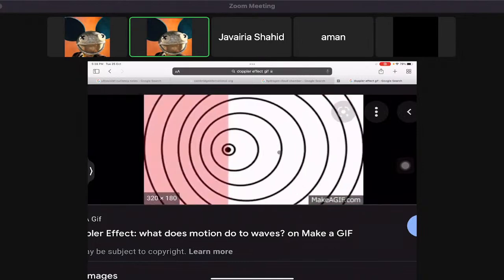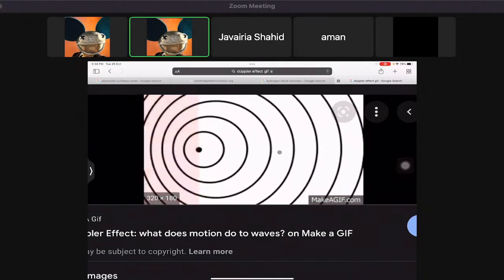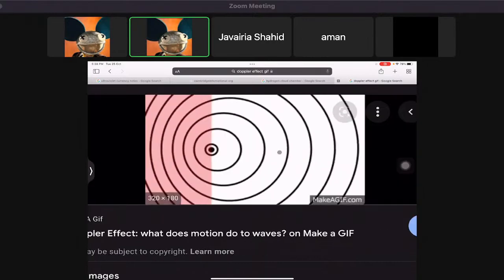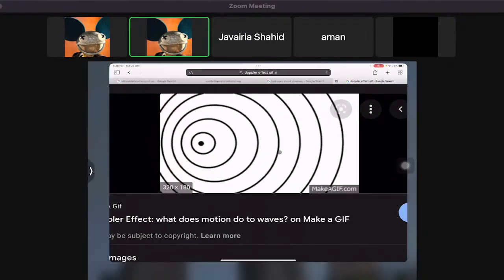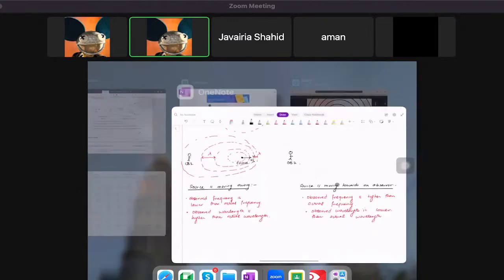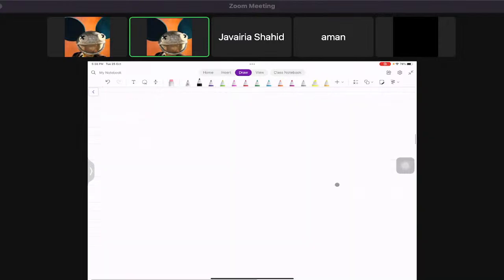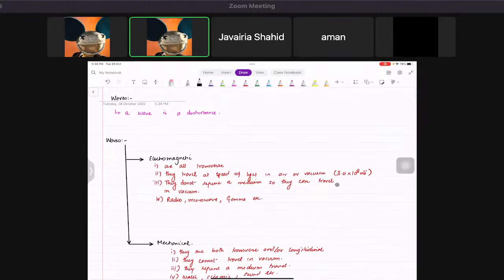Is it clear? Yes. So this is basically called the Doppler's effect. And you might have seen those, when an ambulance is coming towards you, the sound is really shrill, and when it goes away from you, the sound changes, sort of becomes graver. So that's what Doppler's effect is. So I wanted to show you that.